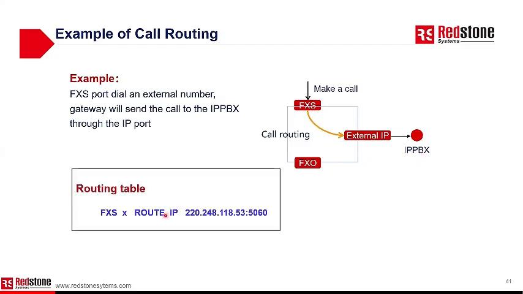The routing table should have the source as FXS, any number, then route to the routing destination, which is the IP address of the IPPBX, 220.248.118.53, with the signaling port of 5060.